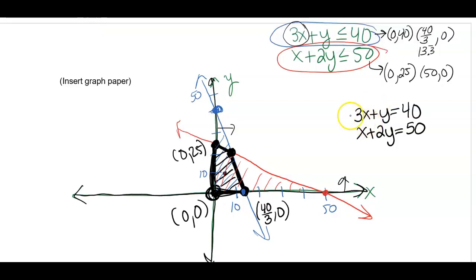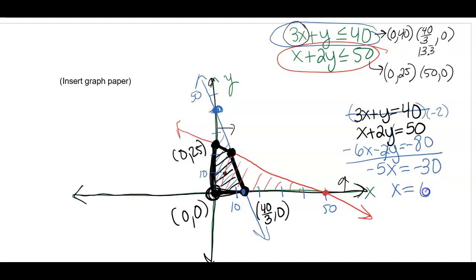So when I do that, I'm going to change this equation by multiplying it by -2. I'm going to get -6x minus 2y equals -80. So hopefully this results in something that's decent here. So I get an x value of 6. So that tells me this other point that I didn't quite know has an x coordinate of 6. And then how will I find its y coordinate? So plug it back in. Yeah, to either of these equations.